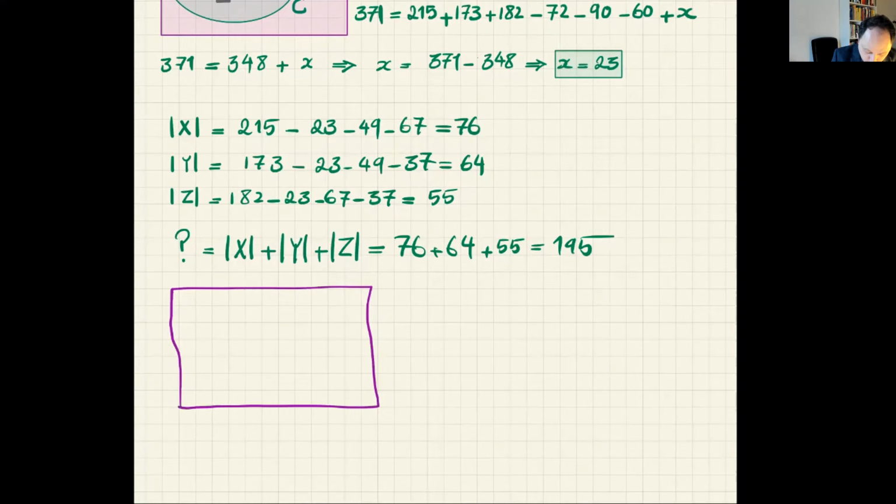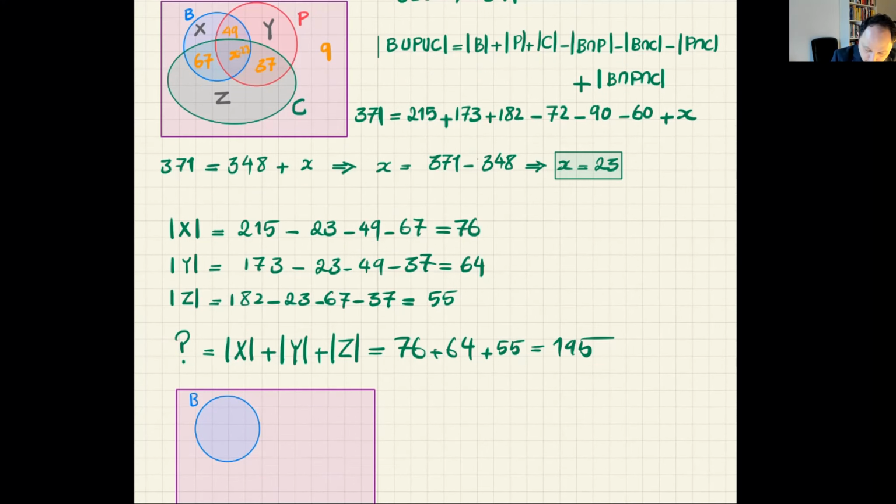So you will take here to be, for example, the biology group, and then physics with another color, and this is chemistry. You draw something like this. Then if I have forgotten the formula, I will start from putting an X here, and then I start reading the questions to write every part in terms of X.